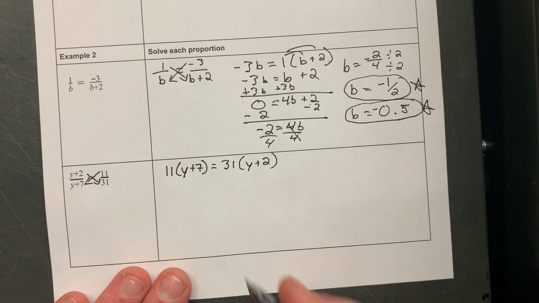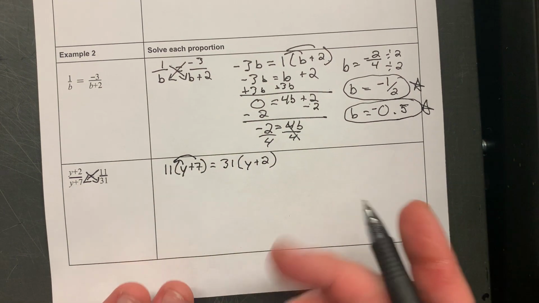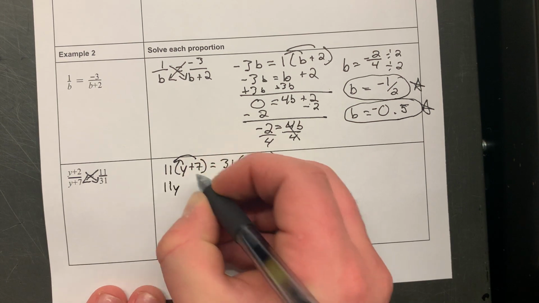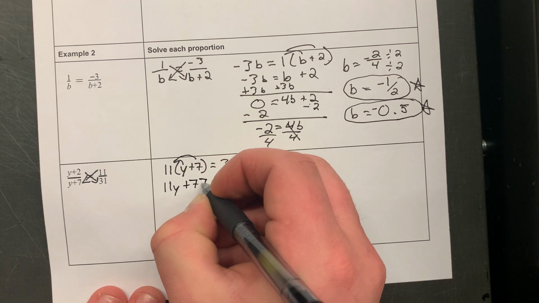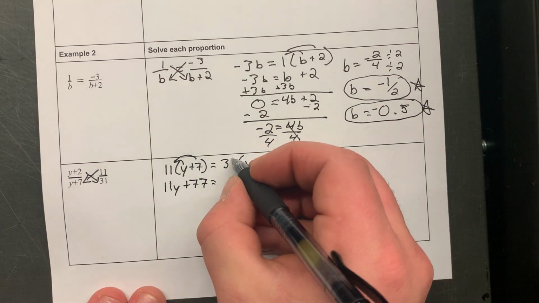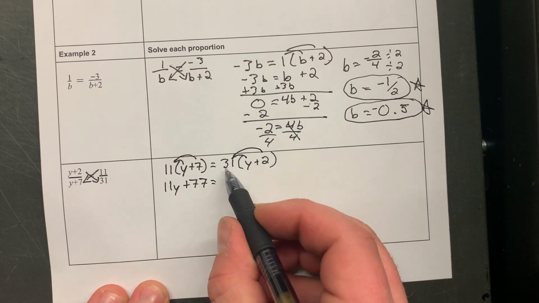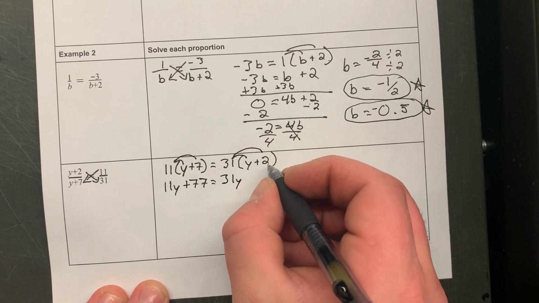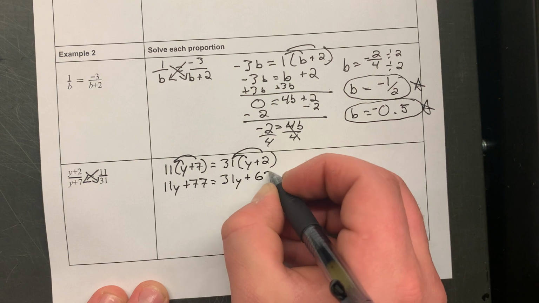I now need to distribute these out. 11 times y gives me 11y, 11 times 7 gives me 77. Same thing with the 31. 31 times y is just 31y. 31 times 2 is going to give me 62.